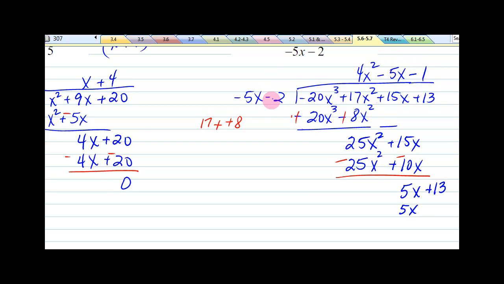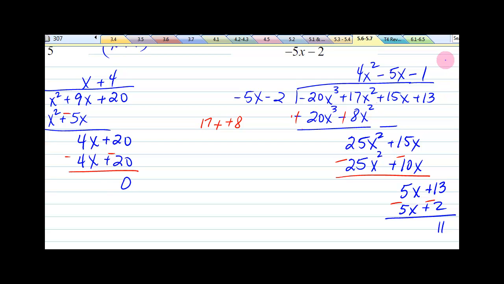Negative 1 times negative 2 is a positive 2. Don't forget I have to subtract here. That's how we do long division. When I subtract, I end up with 11 as our remainder.